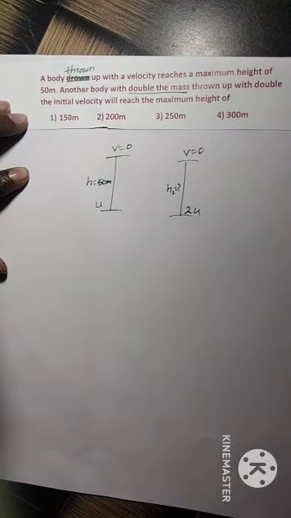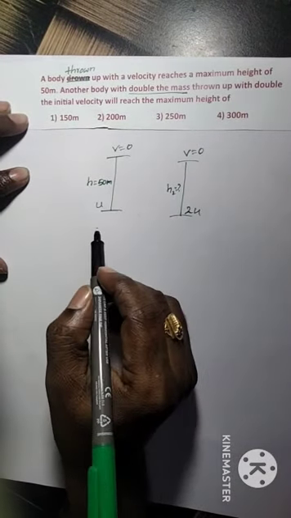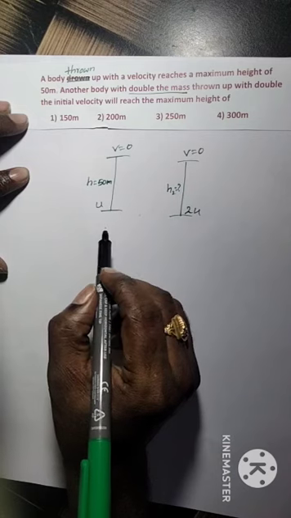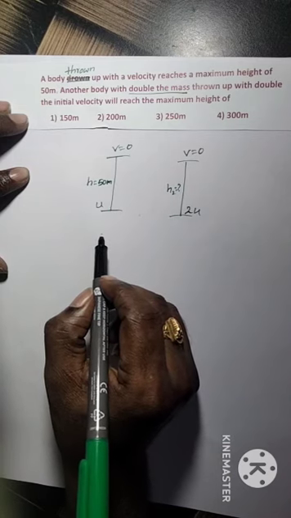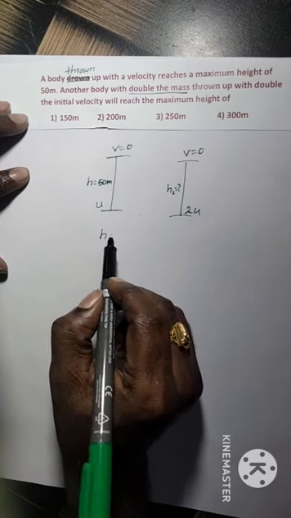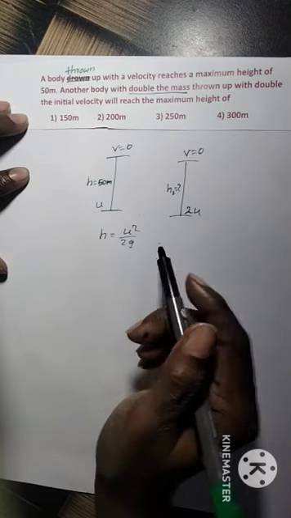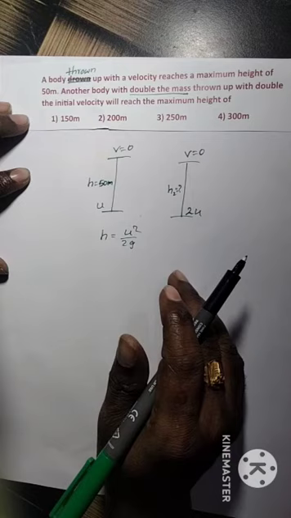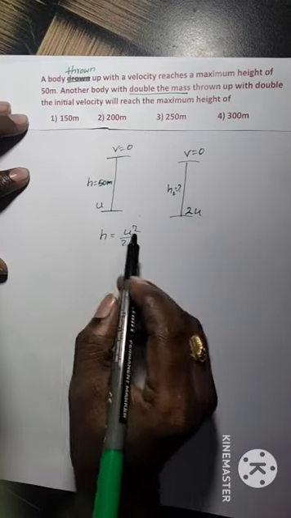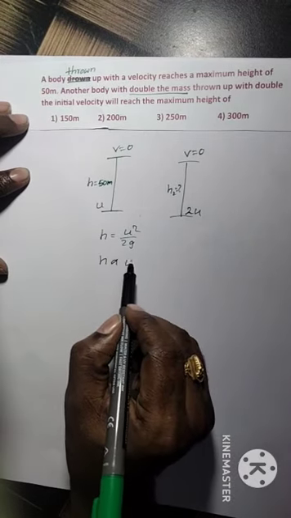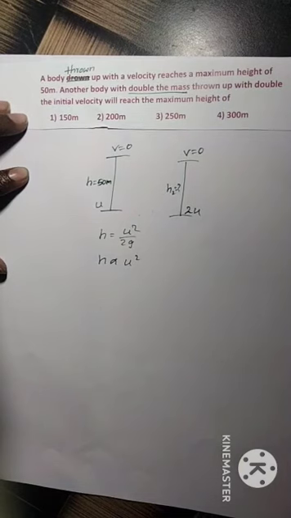We take one of the equations of motion, the maximum height formula: h maximum is equal to u square by 2g. g is constant, its value is 10 meter per second square. So h is directly proportional to u square.